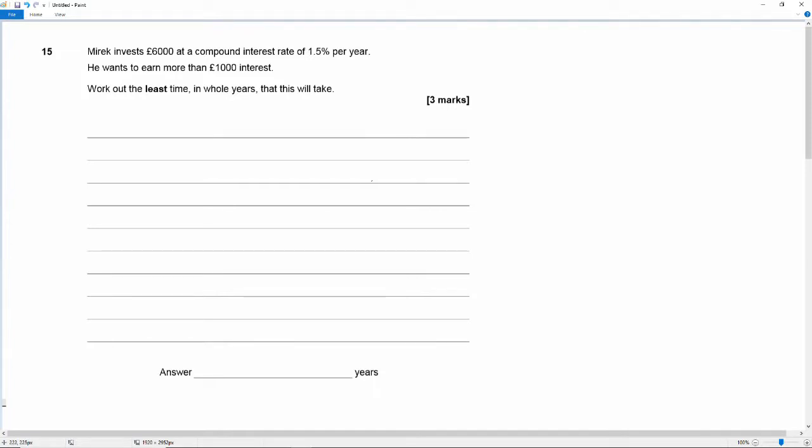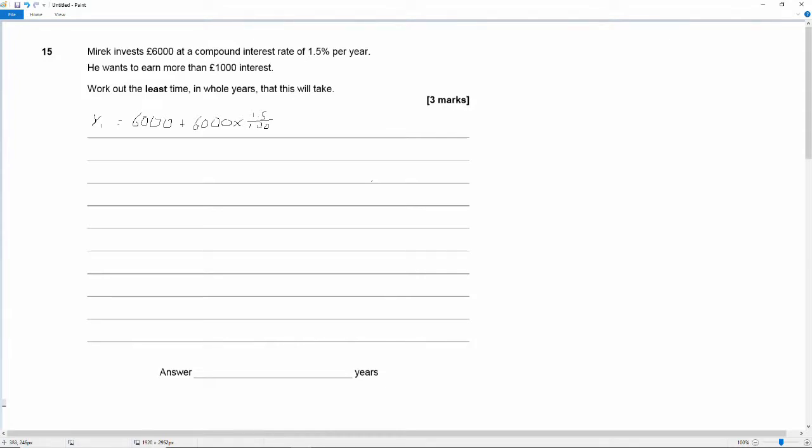So let's say in year one, he invests his £6,000. So at the end of year one, he has £6,000, which is his original investment, plus 6,000 times 1.5%. So it's 1.5 divided by 100, because percent means divided by 100.